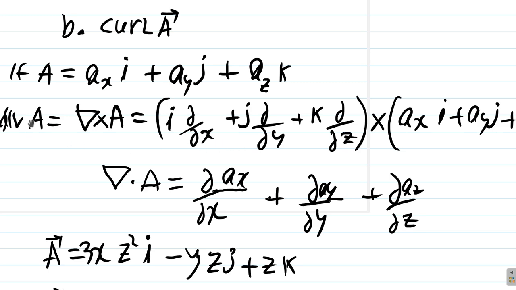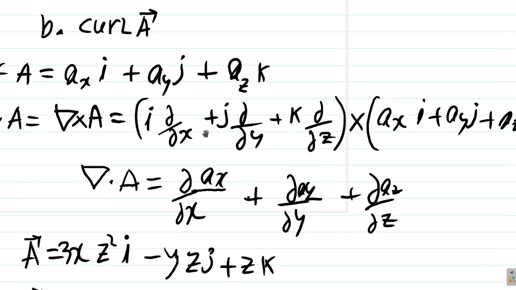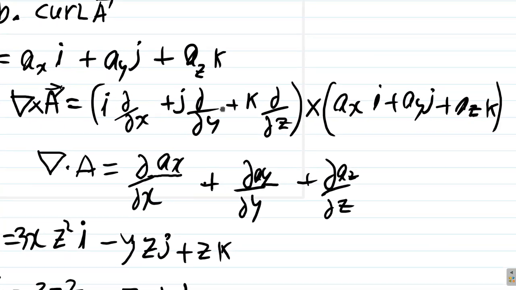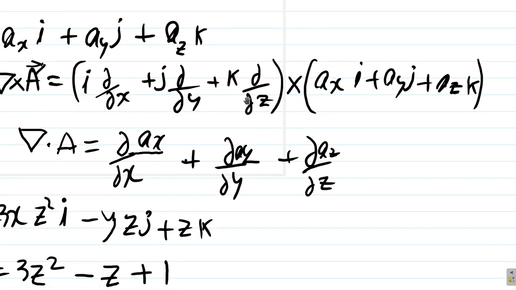And the vector function A, uppercase A, let me just put this here to show you a vector. If I was typing, it would be in bold. So the vector function is Ax i plus Ay j plus Az k.